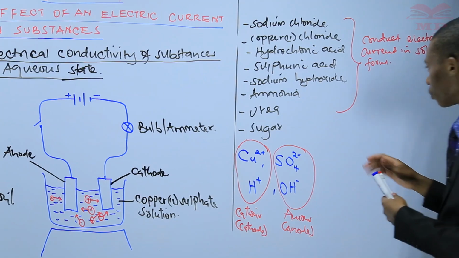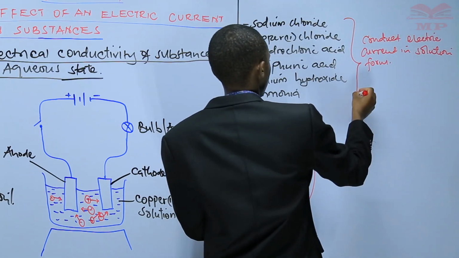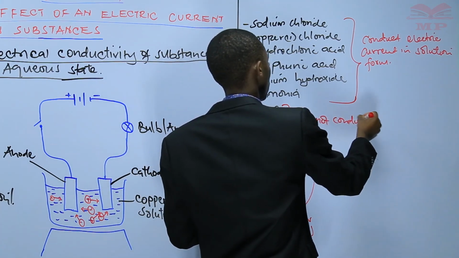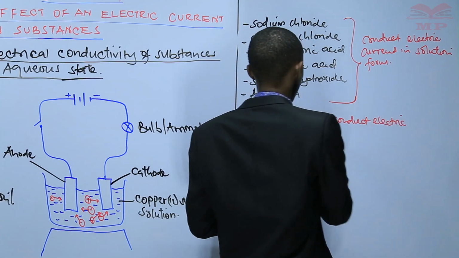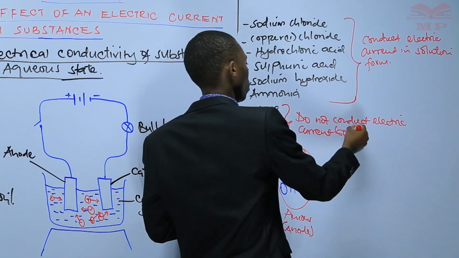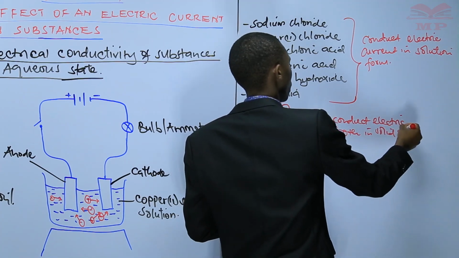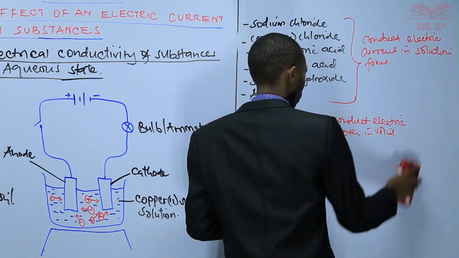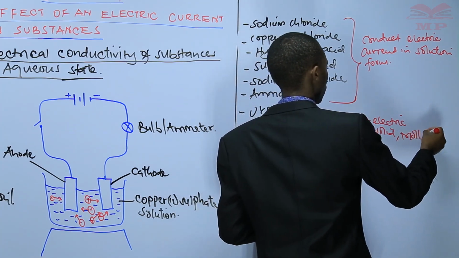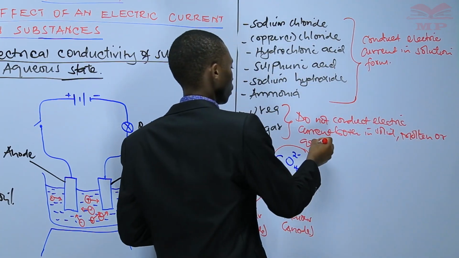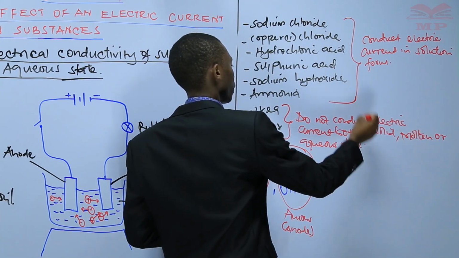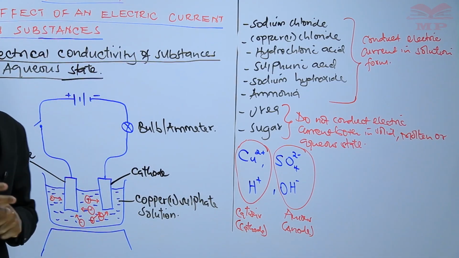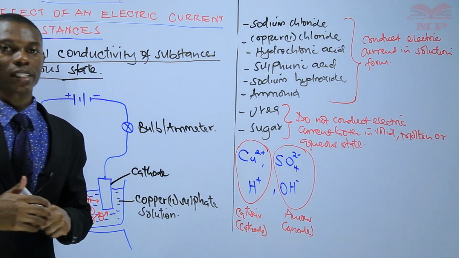But these two do not conduct, both in solid or in molten state. Urea and sugar do not conduct electric current in solid, molten, or aqueous state.